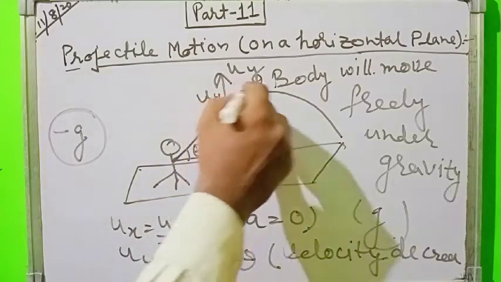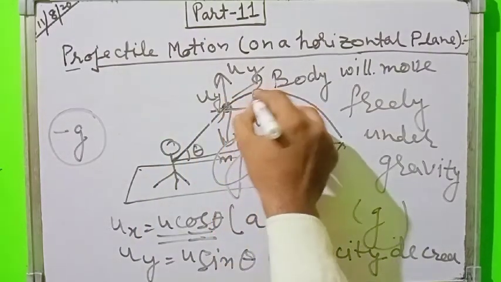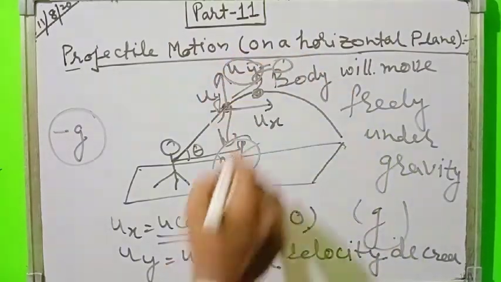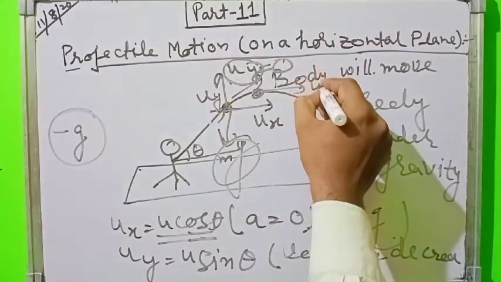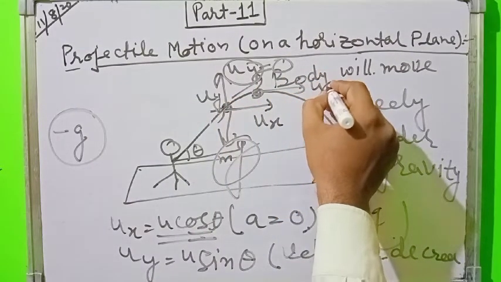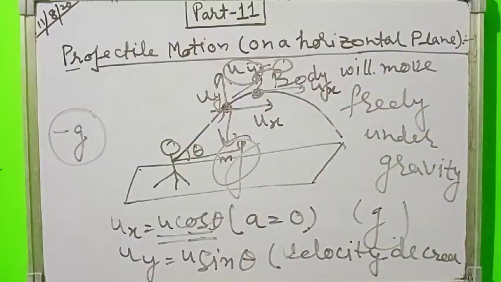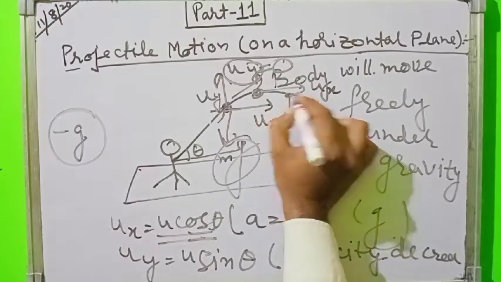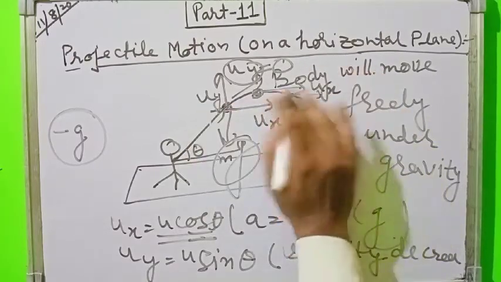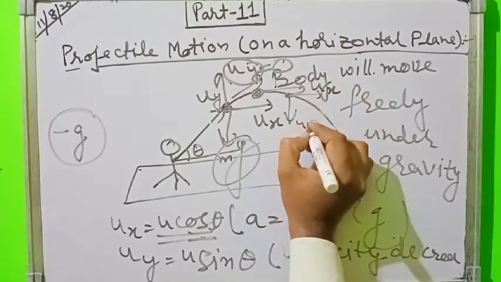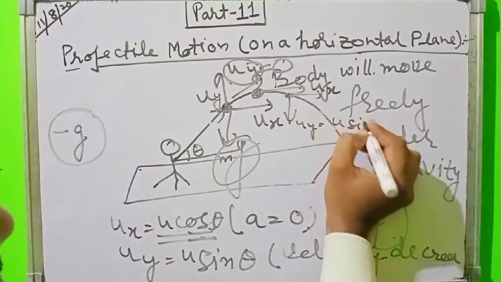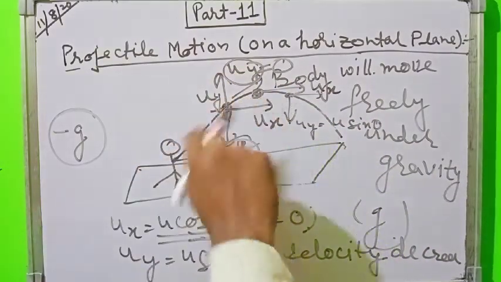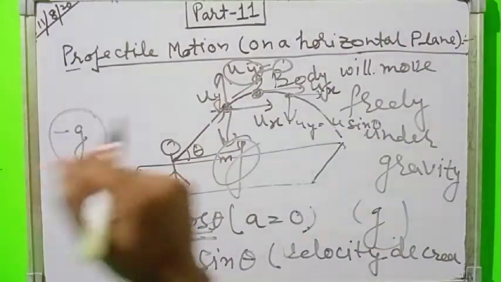Up to the highest point, what will happen? At the highest point the vertical component of velocity becomes 0, and the body still has the horizontal component ux, that is u cos theta, which stays constant.